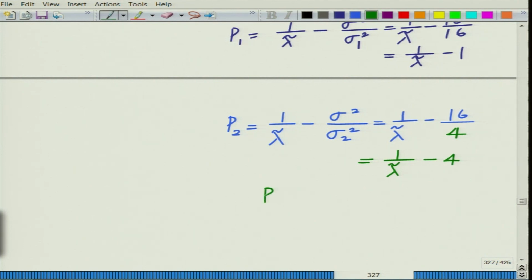Now, we must have P1 plus P2 equal to P naught, which is equal to 5. Remember, this is our total power constraint.